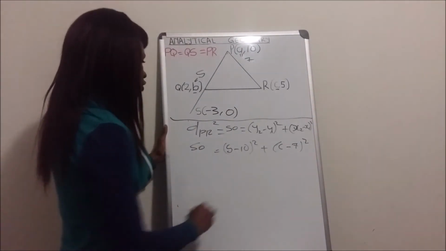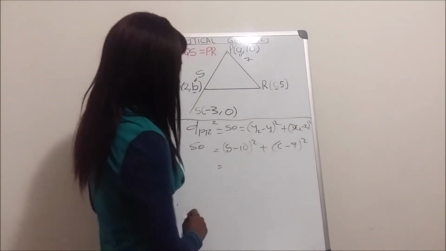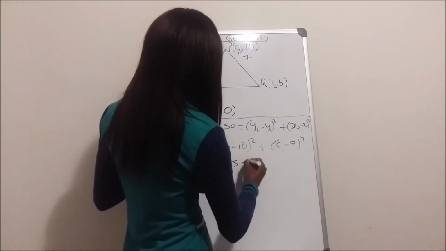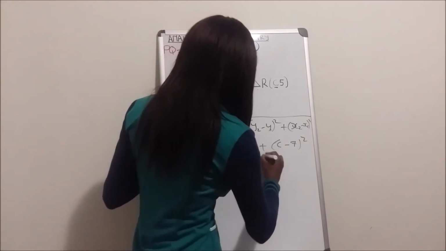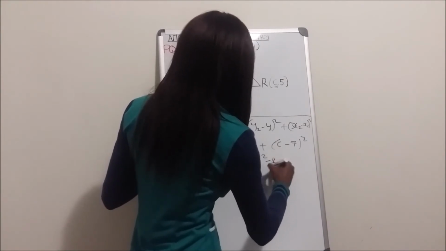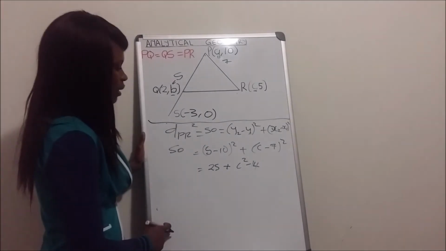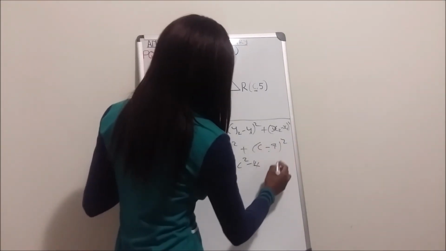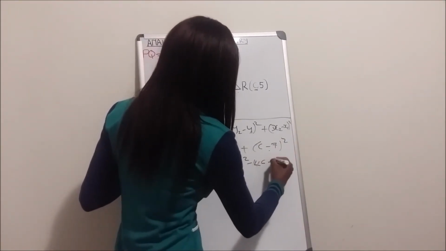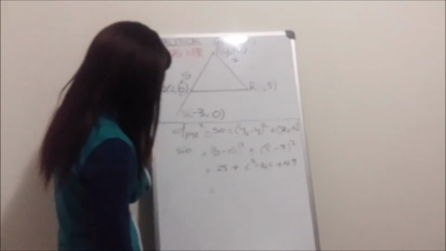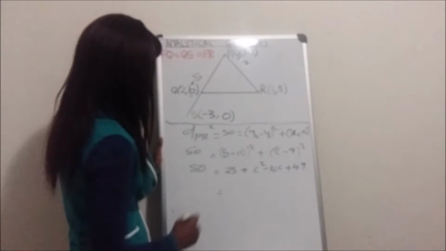Alright, then from here we have 5 minus 10 squared, that means it's equals to 25, plus our c squared minus 14c plus 49. All right, then this is equals to 50 on the side.